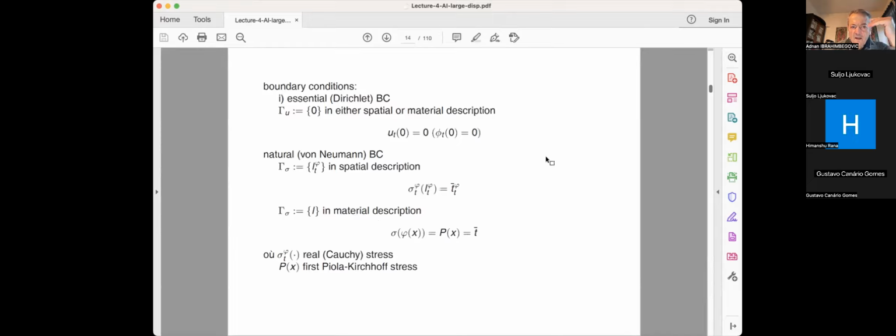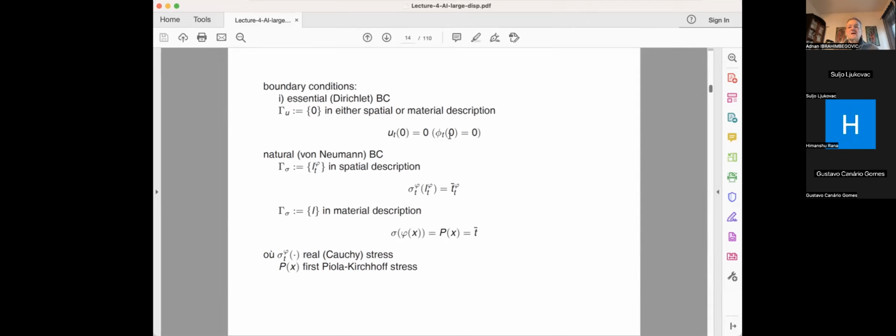So in order to complete the description of the problem, I have to apply my essential or Dirichlet boundary condition. Let's say on the left-hand side, I put this to be built in. That is either saying that my displacement has to be 0 on the left-hand side, or my transformation phi at 0 has to be 0.